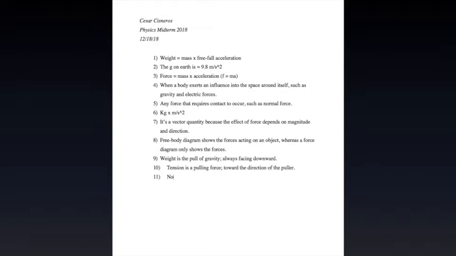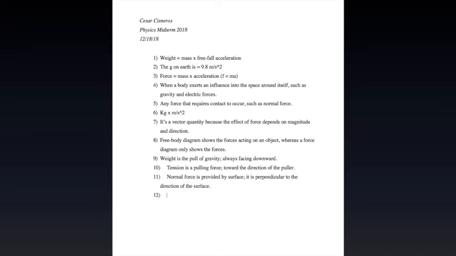Then we have, what is normal force? Normal force is the force provided by the surface. So if you have a surface, you have normal force, and it is perpendicular to the surface, if you're drawing this out.